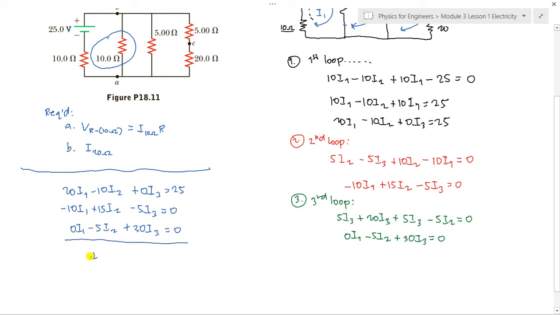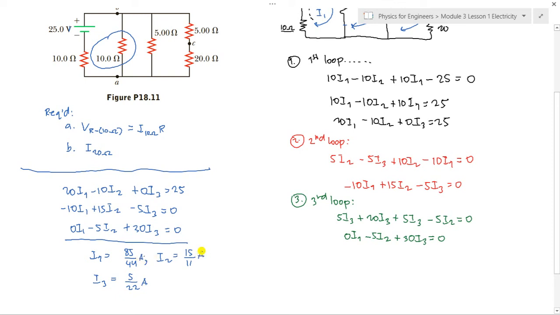Now, solving this, we have I1 is equal to 85 over 44, I2 is equal to 15 over 11, then I3 is equal to 5 over 22. These are in amperes.